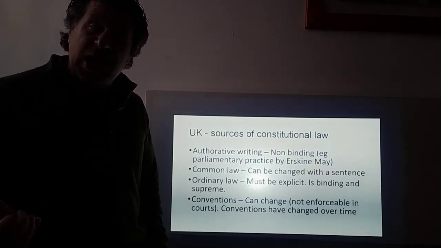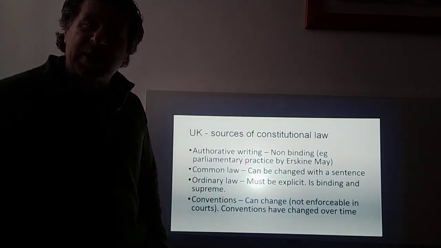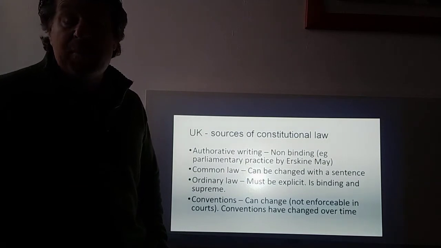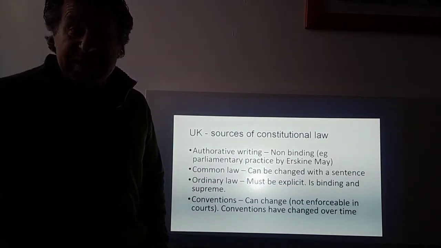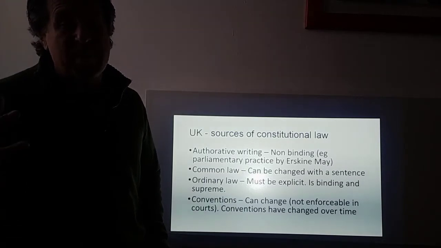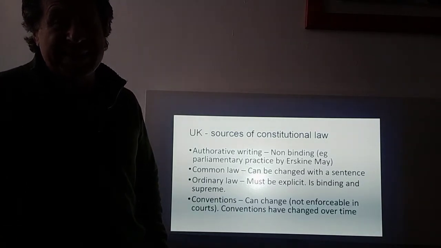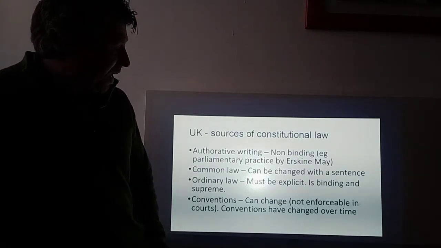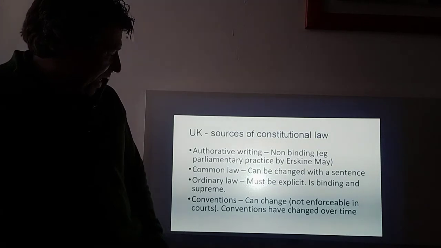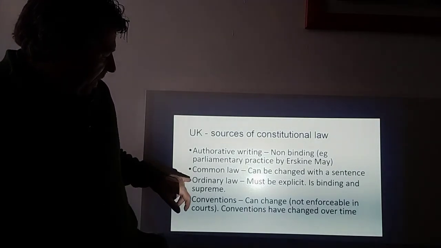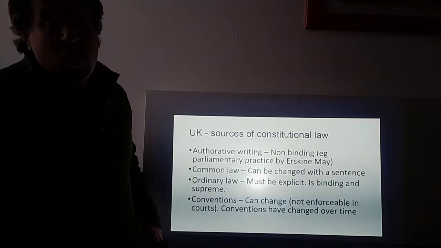That was in a judgment, and that was recognised by other lower courts because the higher court had said that. But a court on the same level or even higher can change that. So that's not binding in the sense that a law is binding. It can be changed, not totally secure.